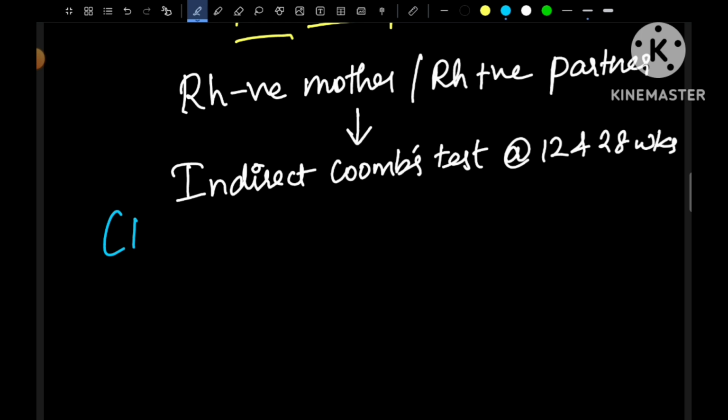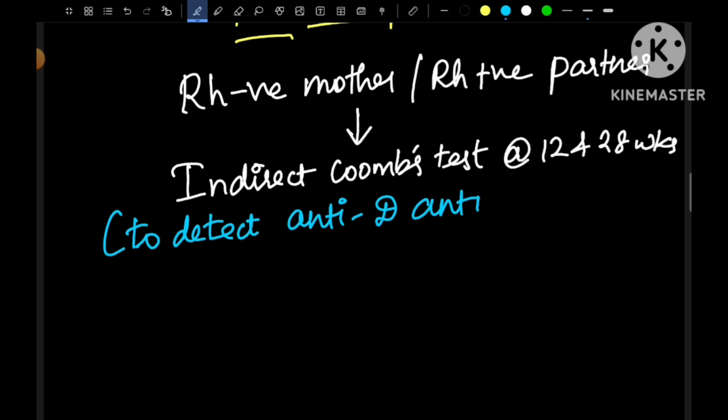This Coombs test is done to detect anti-D antibodies. Let's not go into the detail of what is indirect Coombs test and direct Coombs test. First, let's see the protocol. So we do the indirect Coombs test at 12 and 28 weeks.